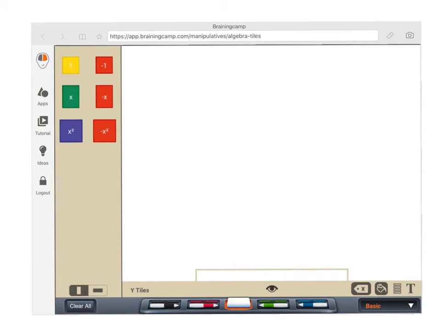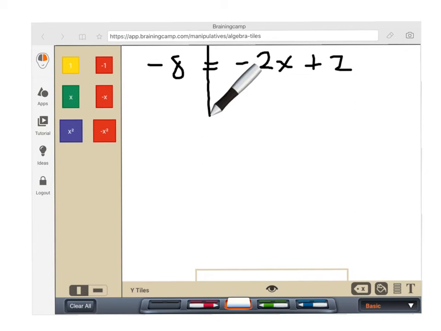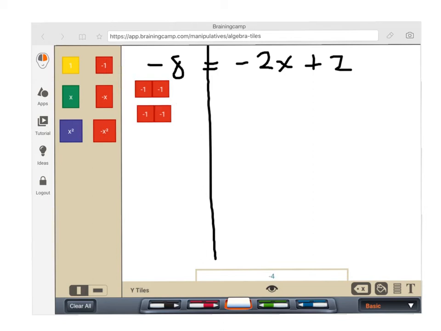All right, let's try one more. So this one we're going to look at -8 equals -2x plus 2. Draw a line down through the center. Now let's recall we are going to need 8 negatives. 1, 2, 3, 4, 5, 6, 7, 8.